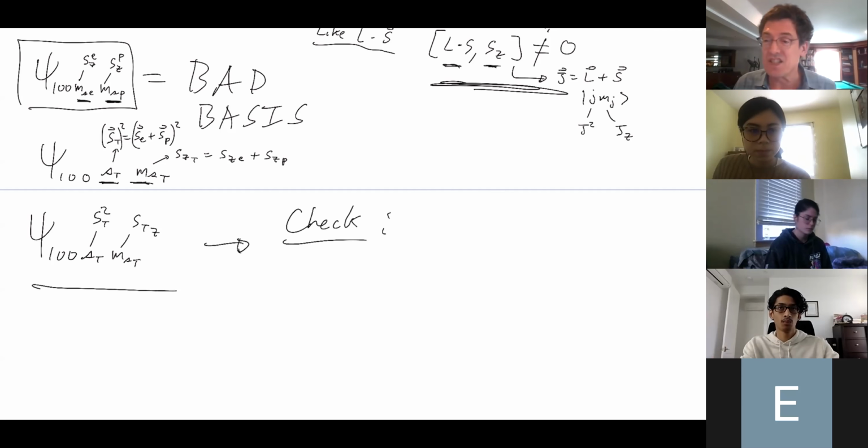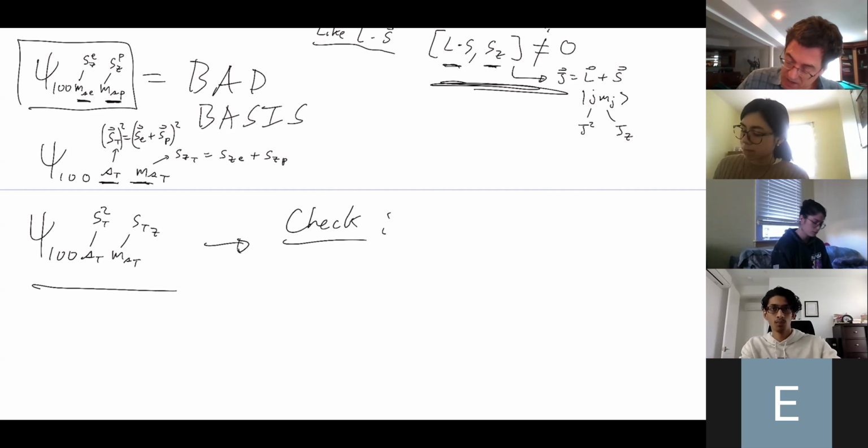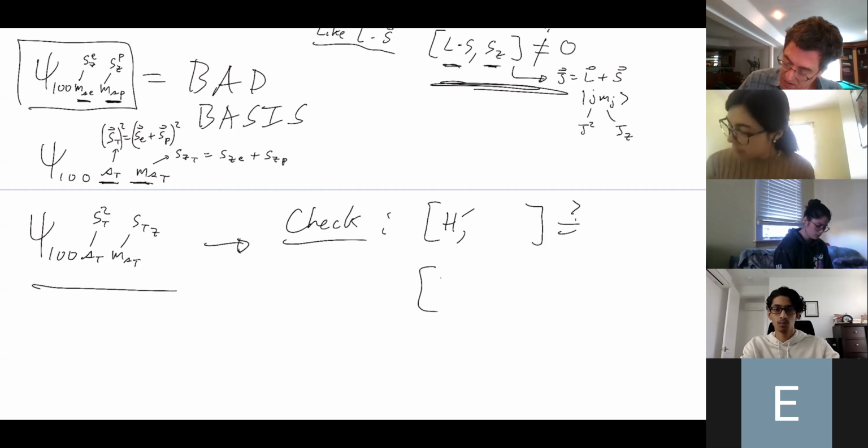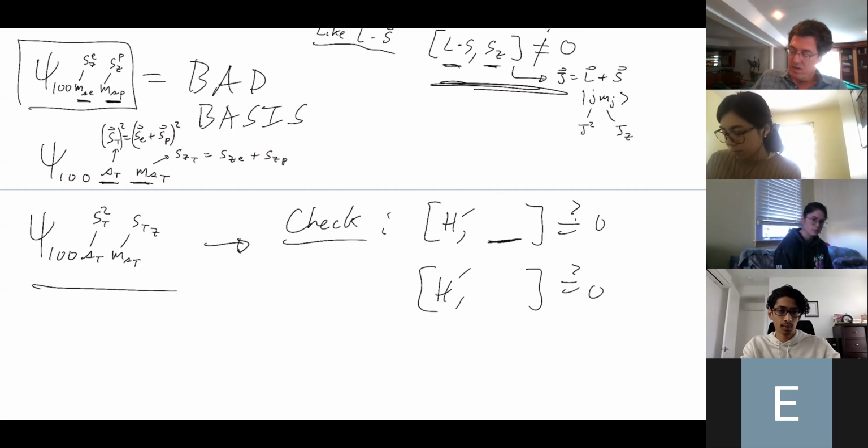This is a new basis that you just made up. Well, to check, we have to do a commutator of H prime with what? S_T squared and S_TZ. Exactly.